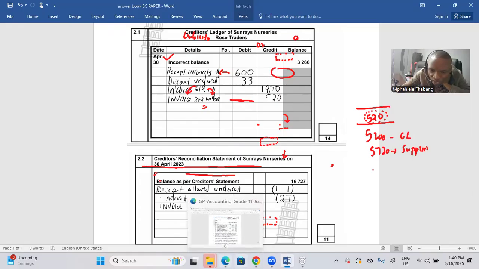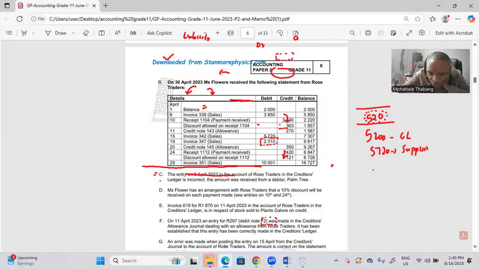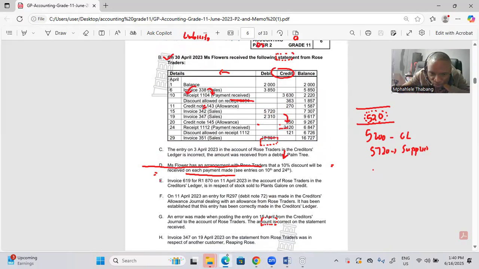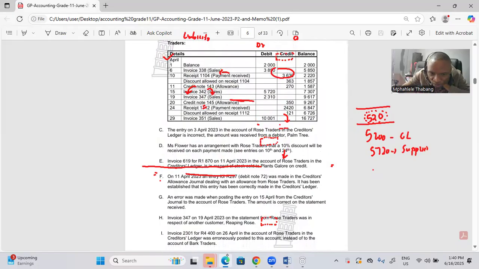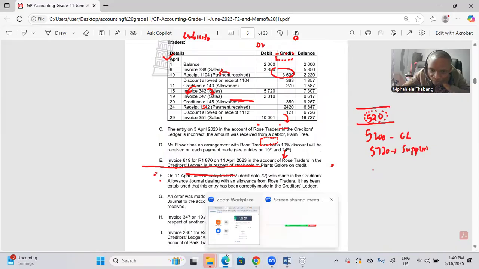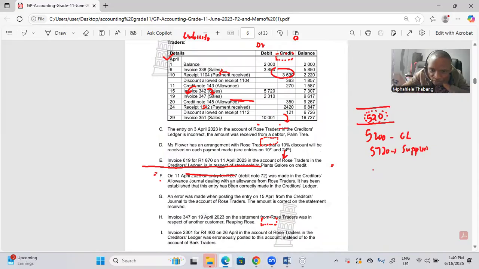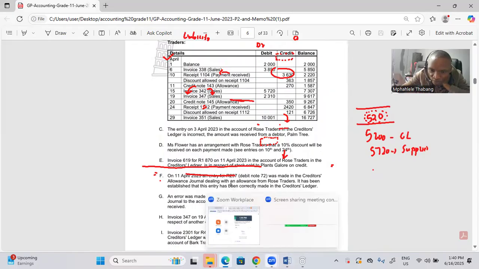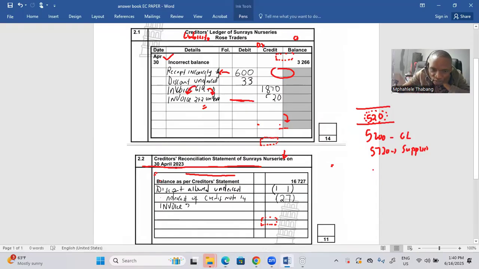Let me check. Invoice 347. Incorrectly credited.